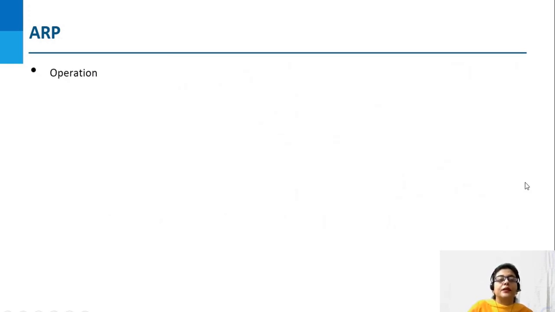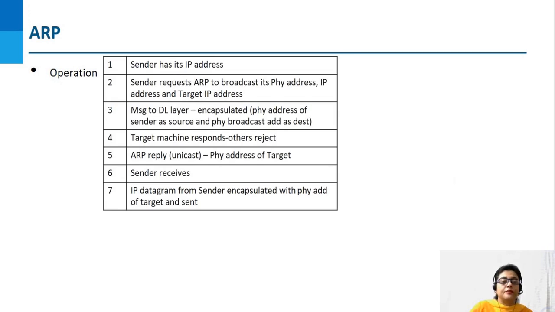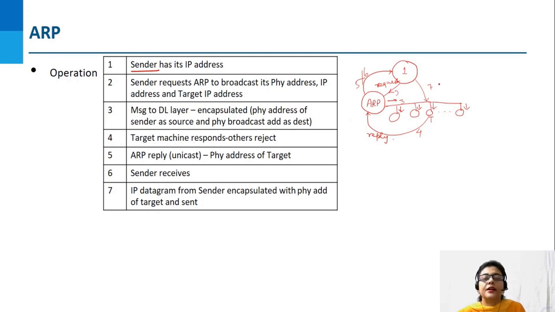Now let us look at the operation of ARP. The first point is that the sender will have the IP address. Let's look at it with the help of the flow diagram. So initially, in the first step, the sender has the IP address of the receiver.